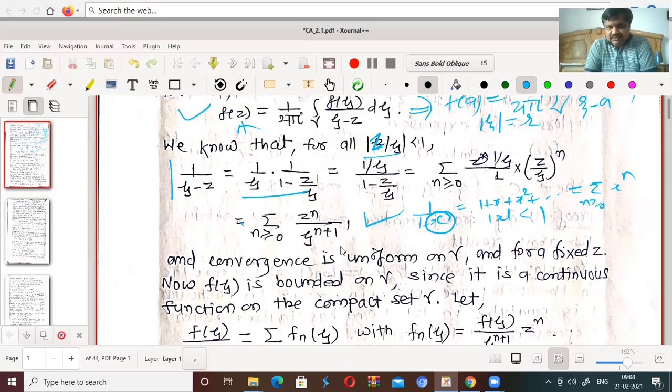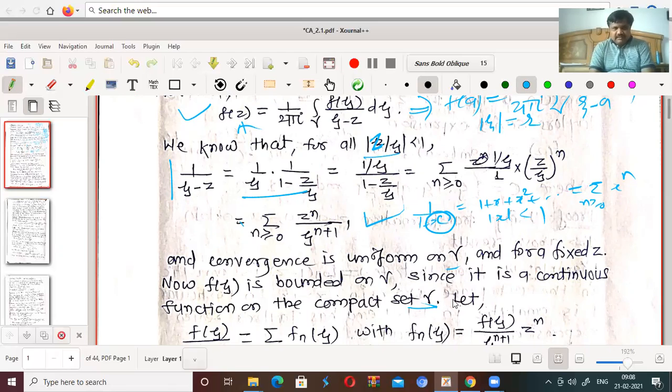And convergence is uniform on γ, for a fixed z. Now f(ξ) is bounded on γ since it is continuous on the compact set γ. As it is differentiable, it should be continuous, and a continuous function on a bounded region is bounded.